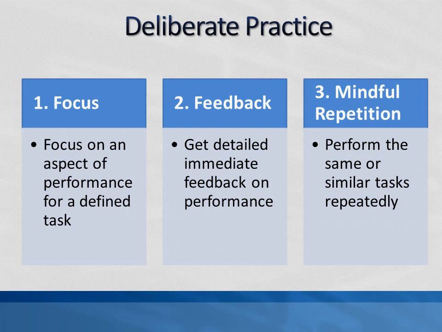Deliberate practice is characterized by focusing on an aspect of performance, getting feedback immediately after that performance, then having the opportunity to perform the same or similar tasks repeatedly over time.